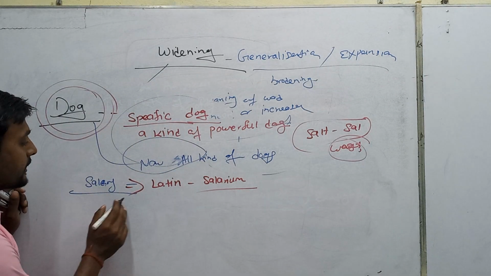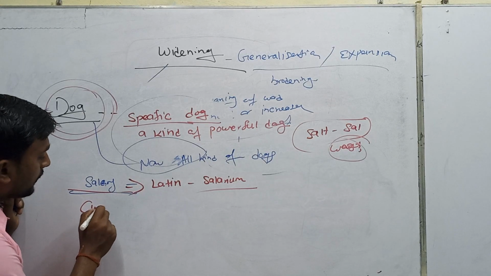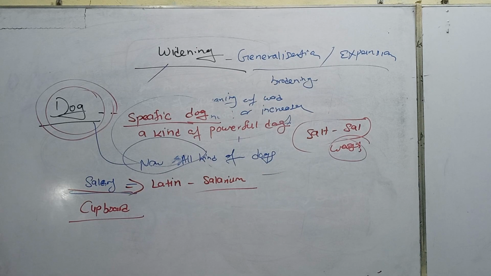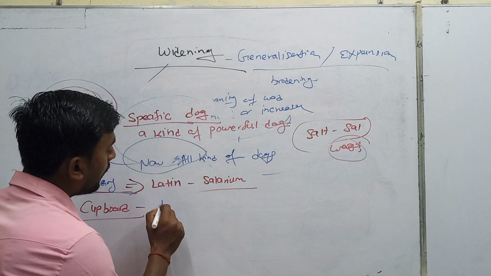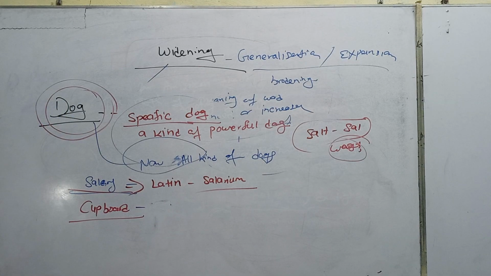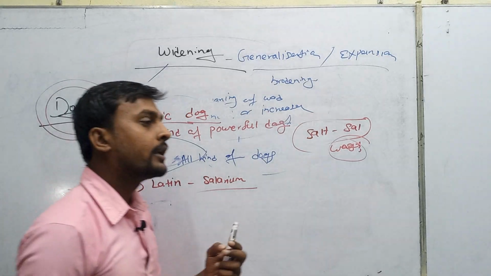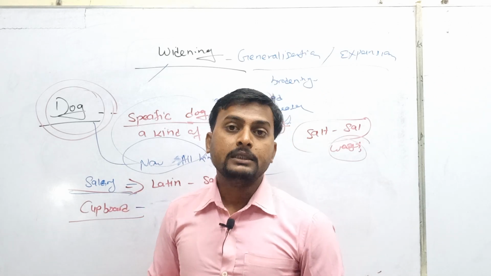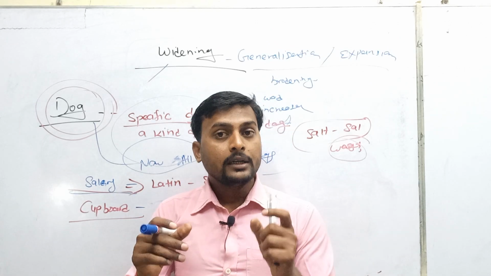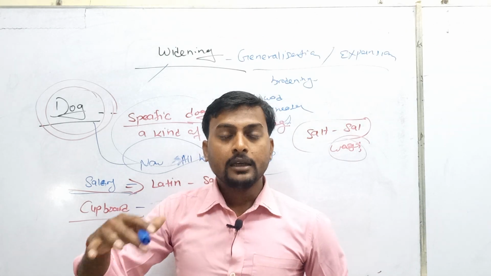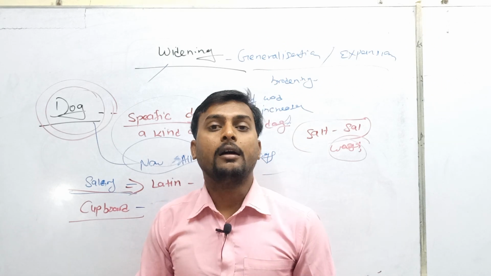We can take cupboard. In the Middle English period, cupboard meant a table upon which cups and other vessels are placed.